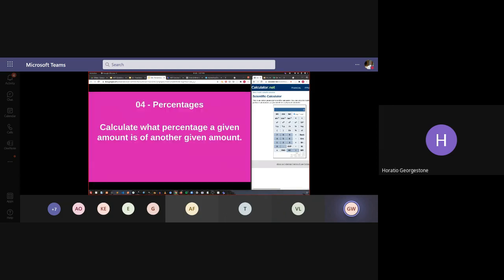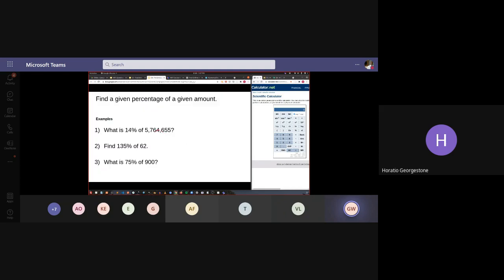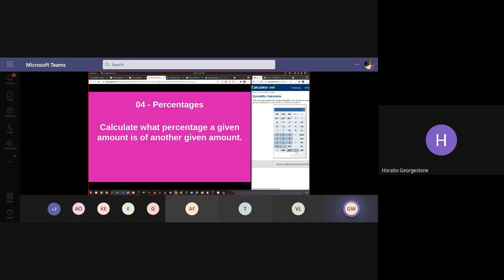So if you're comfortable with these kind of things, then you can use them. But if you haven't done maths in a while and you just want a reliable method, just use the standard method that's the same every time. So it's 75 over 100 times 900 will get you the answer. Or if it was 25%, then 25 over 100 times 900.